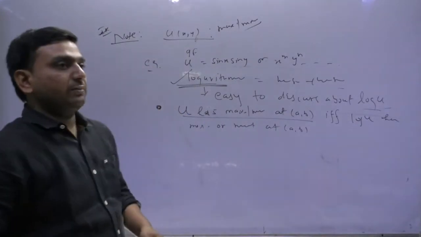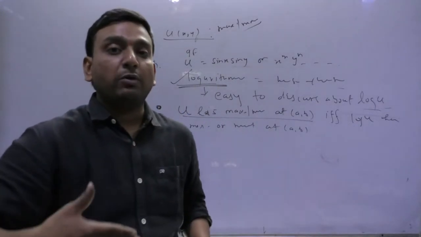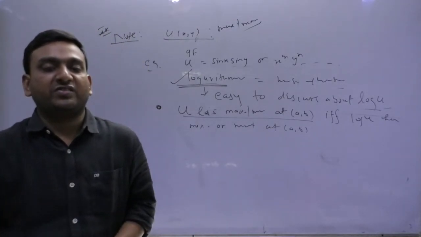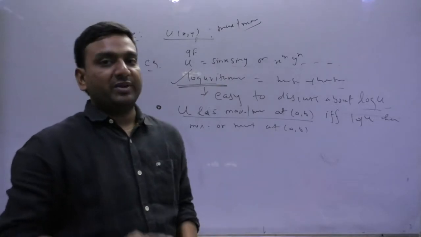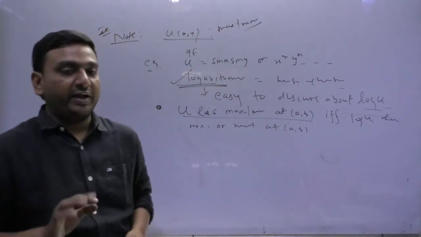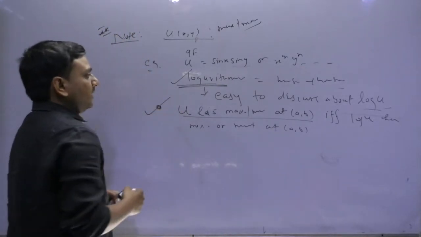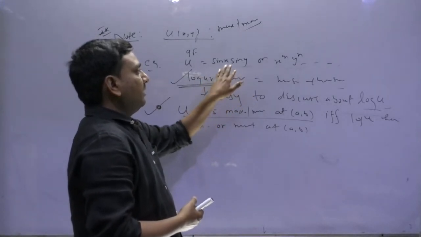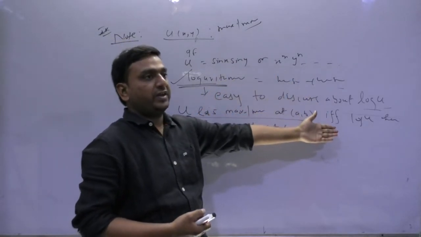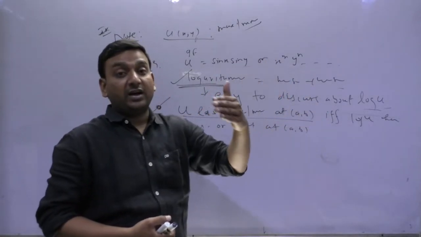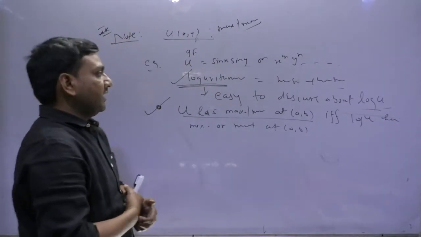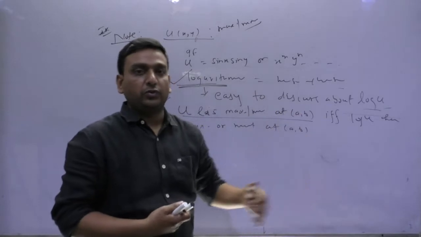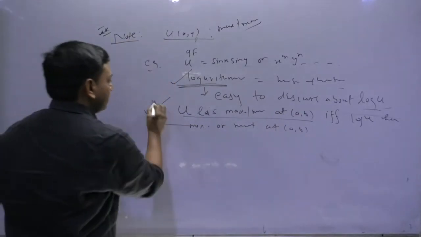Either you discuss u or the nature of log of u, you will have the same interpretation, provided that the logarithm is well defined. So in what type of questions will it help? Where taking the log makes differentiation and calculating r, t, s square easy for you. Then don't work with u, work with log of u. Please do remember this point.